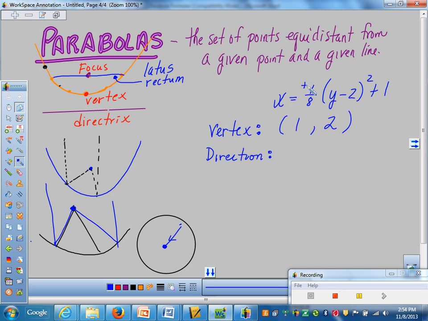So if that's positive, it's going to go right. Now, watching that column on that set of formulas, if you do the line of symmetry, is it X equals or Y equals? It's Y equals. And since it's Y equals, it goes through the Y coordinate of your vertex. So it's 2.